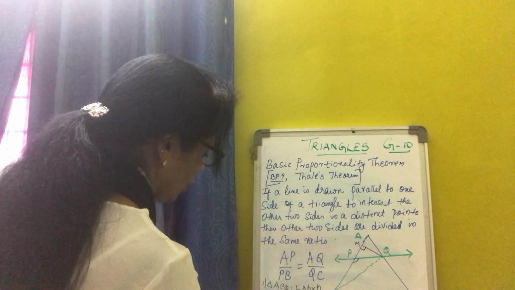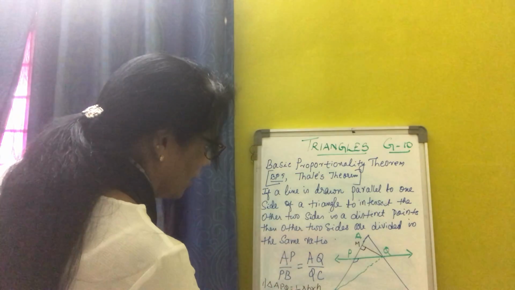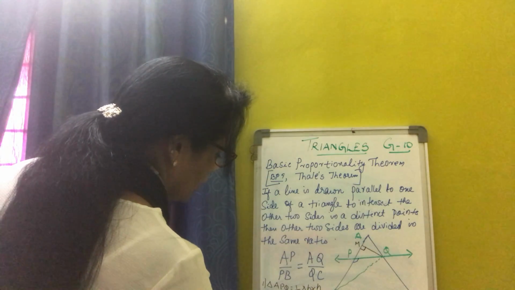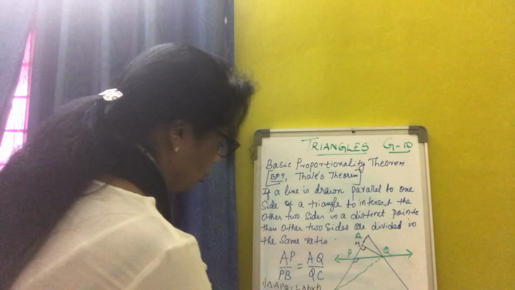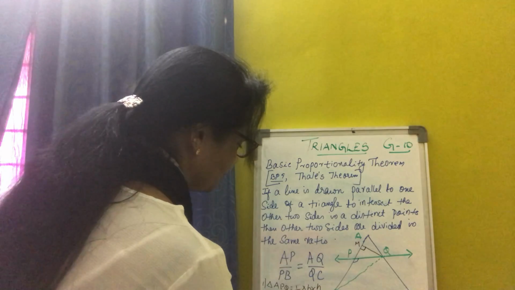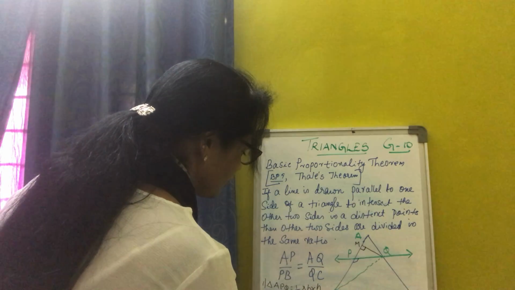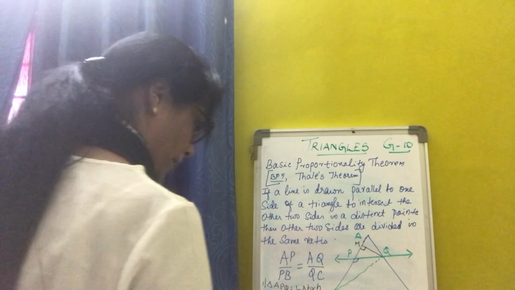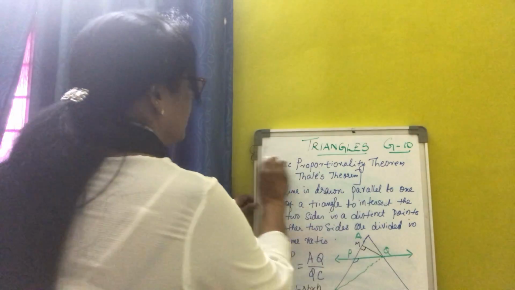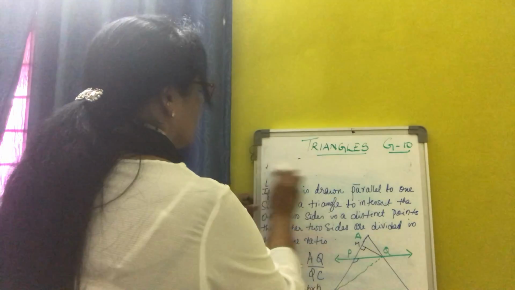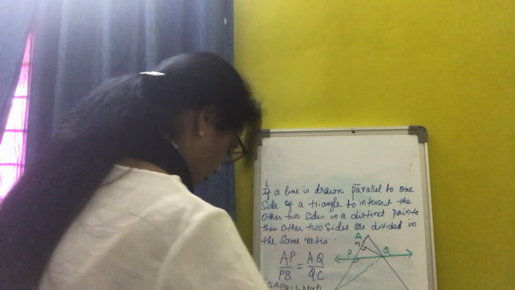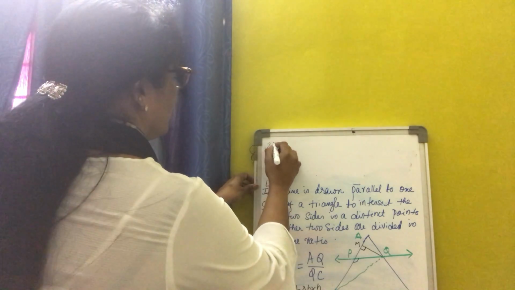So the second equation is area of triangle BPQ is equal to half into BP into QM. Okay, one minute, I'll write it over here.